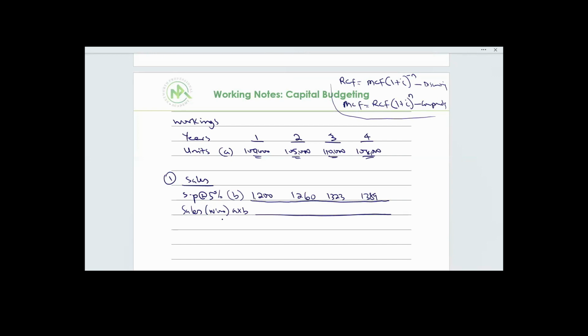Bring out your calculator. Here will be 120,000. The next one, 105,000 multiplied by 1,260 equals 132,300.